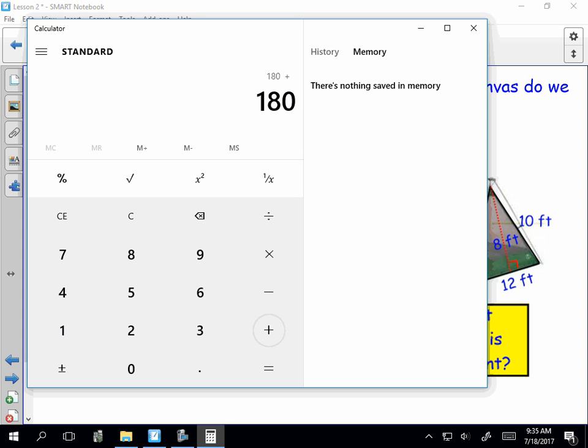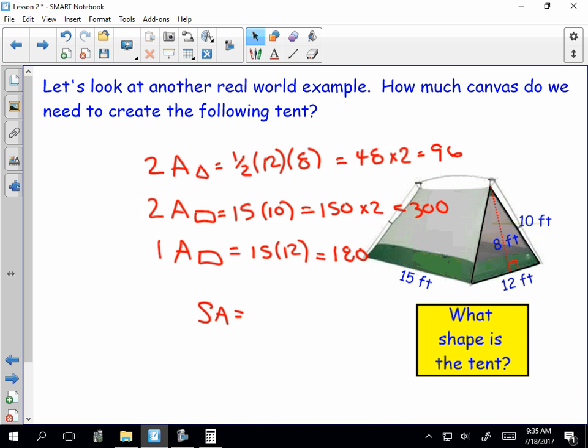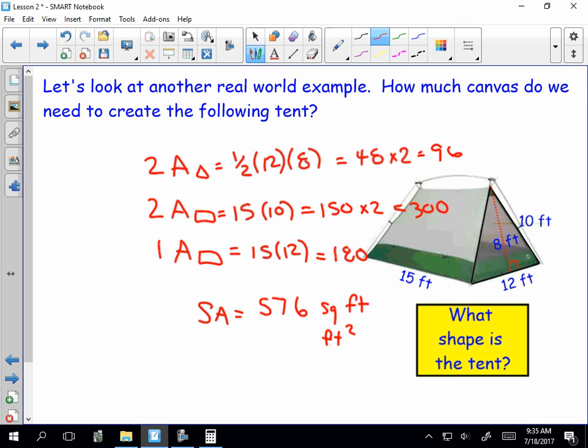So we have 180 plus 300 plus 96, and we get 576 for our surface area, and that is square feet. Or we could say feet squared, either way.